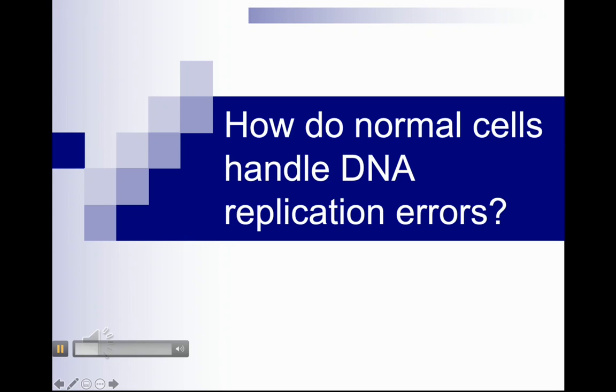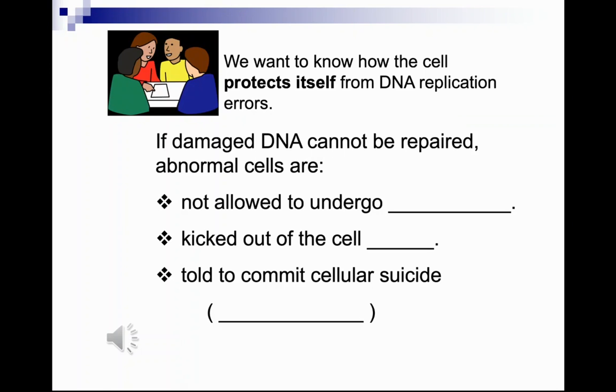Let's first look at how normal cells handle DNA replication errors. Tumor suppressor genes protect us from DNA replication errors. If damaged DNA cannot be repaired, abnormal cells are not allowed to undergo mitosis.